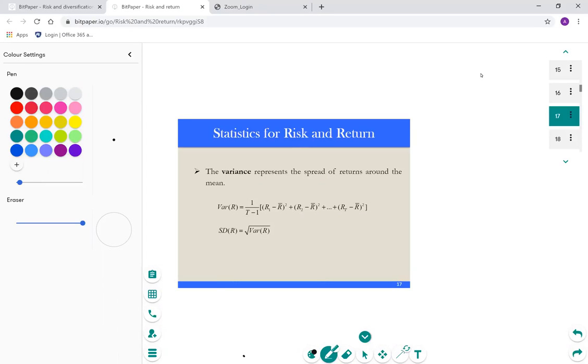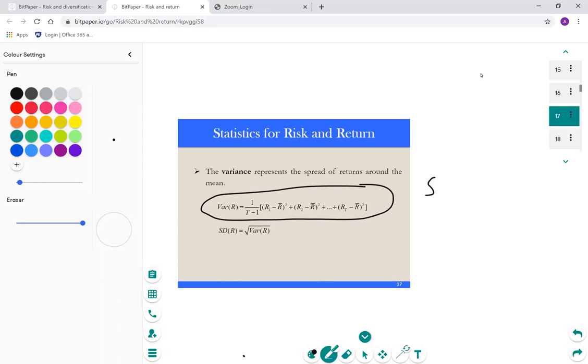You have to lose 1 degree of freedom and divide by t minus 1, which has a small effect of making the variance a little bit larger because you're using the actual observed data to compute the R bar to begin with. But this is the formula that you would use for computing variance. That is the sample variance.